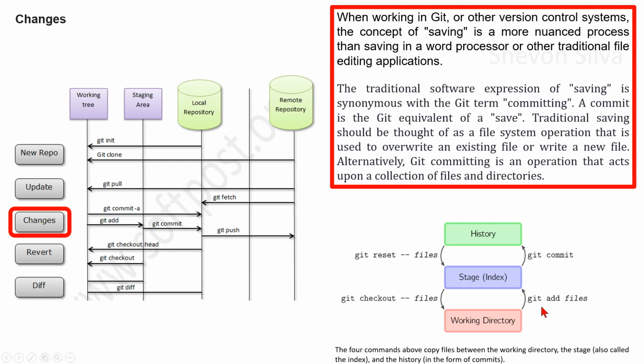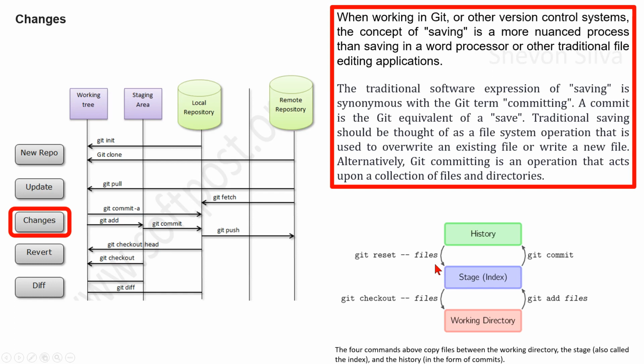Git add files copies files at their current state to stage, and git commit saves a snapshot of the stage as a commit, and git reset -- files unstages files, that is, it copies files from the latest commit to the stage. Use this command to undo git add files.